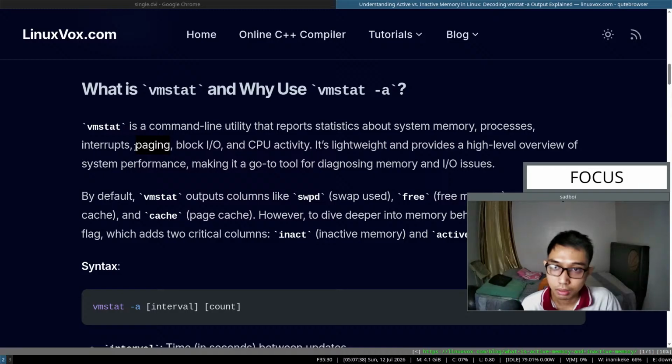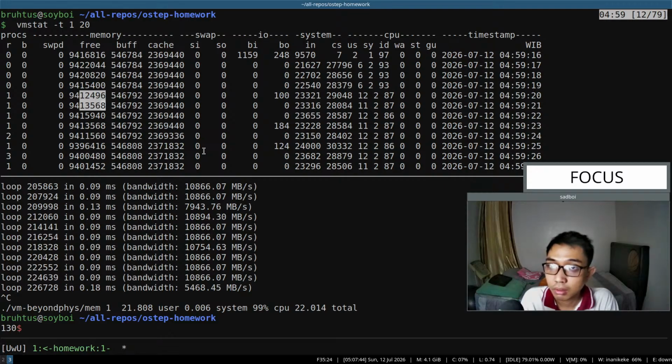I wonder what the paging information looks like. Yeah, I'm still not sure. Is it in the memory? I assume it is in the memory section here.